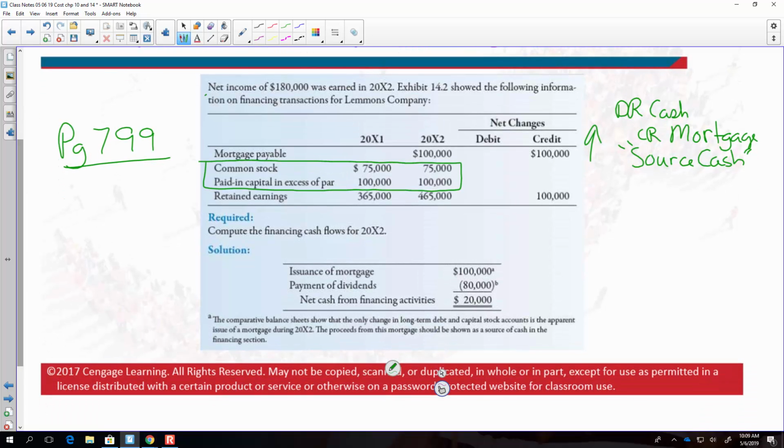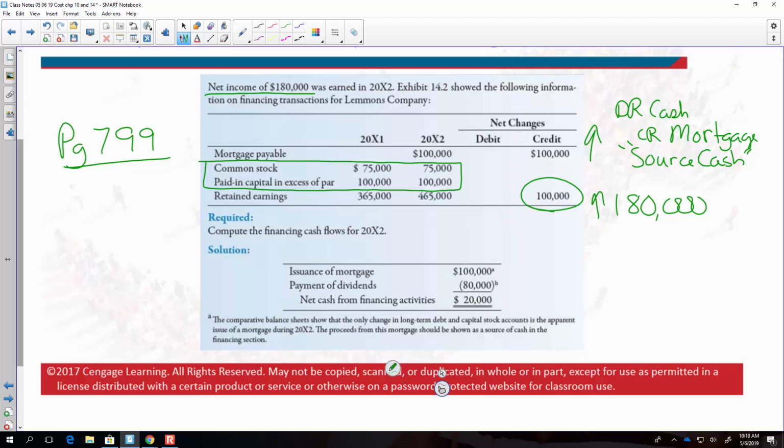The additional information tells us, hey, we had net income of 180. Don't look at the summary below. So that should have increased our retained earnings by 180, correct? With net income of 180? But it only went up 100.